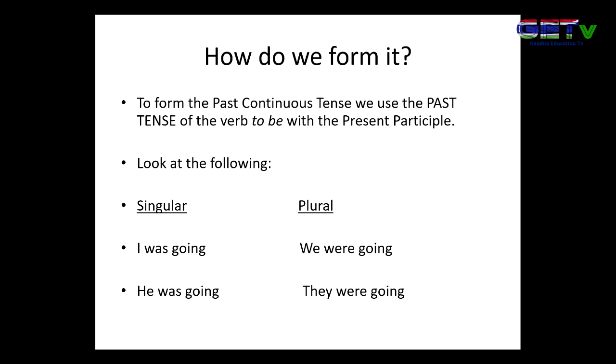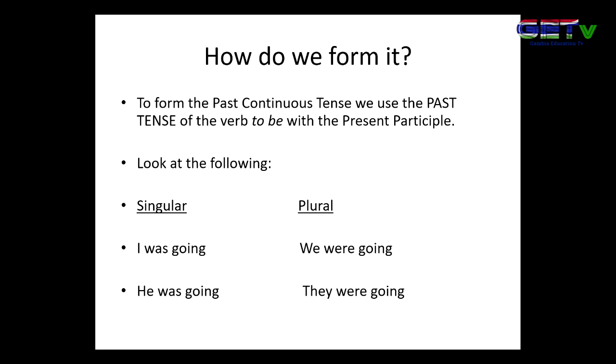The past forms of the verb to be are was and were. From the verb to be: is, am, and are. Okay? So we use either was or were.